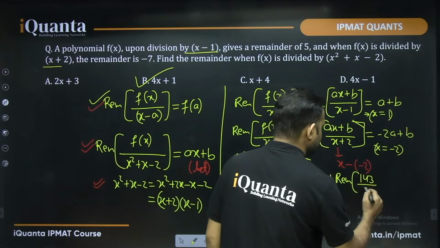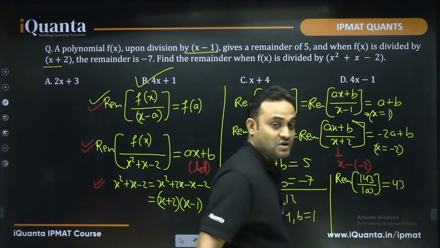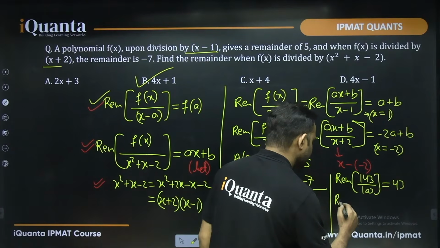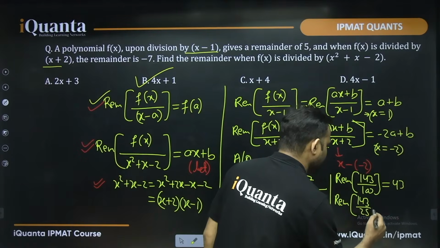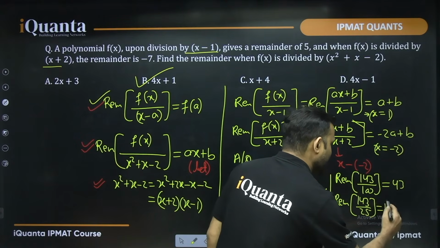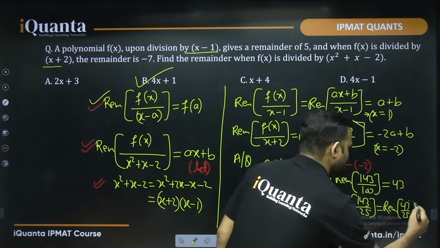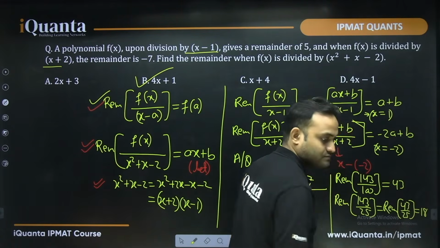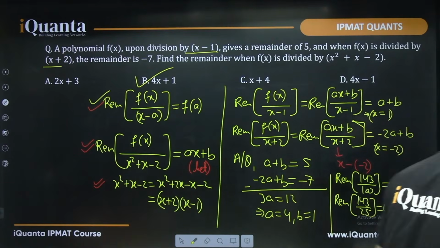ठीक है, कोई एक नंबर ले लो, जैसे remainder when 143 is divided by 100 is equal to 43. Now if I want to divide 143 by 25, this should be the same as the remainder when 43 is divided by 25, and that is equal to 18. Okay, बताओ ये समझ में आ रहा है आप सभी को?